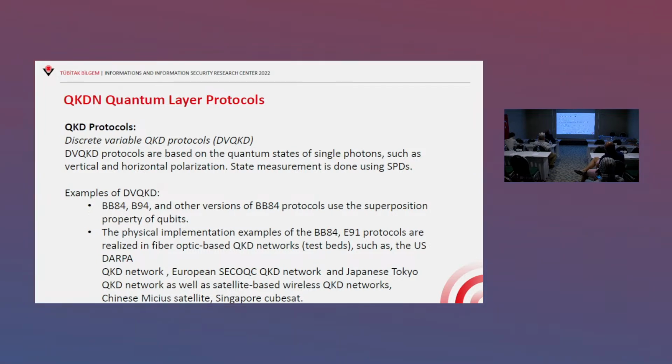So the objective of all these Chinese and Singapore experiments and other test beds is to have a secure network worldwide, a global network where you could ensure secure communications from any point A to point B. That's the whole purpose, and that's guaranteed by the laws of physics.